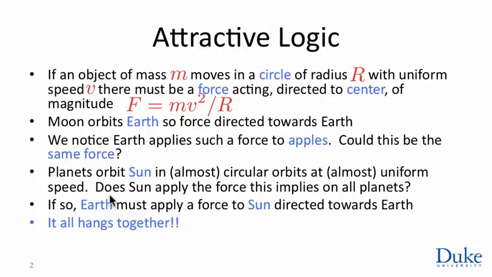So it makes sense to guess that the sun will be applying this force, and the sun therefore applies a force on all the planets. Then by Newton's third law it would follow that since the sun must be applying force to all the planets, among them the Earth also applies an equal and opposite force to the sun. In other words, if the sun applies a force to the Earth directed towards the sun, it follows that the Earth applies a force to the sun directed back towards the Earth.